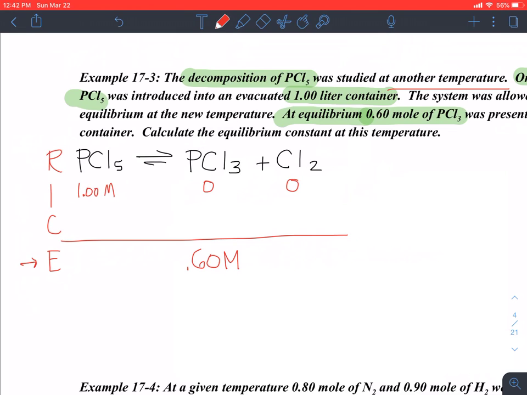This is where you have to go back and look at your stoichiometric amounts. This is a 1 to 1 to 1. And so if at equilibrium, this is how much 0.6 was formed, that means 0.6 of Cl2 was also formed.